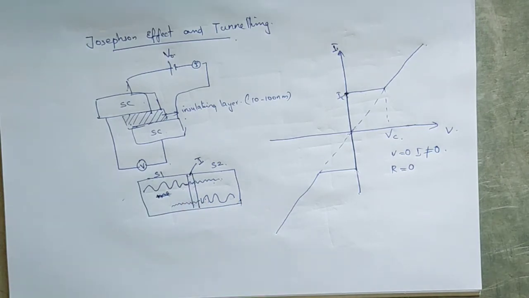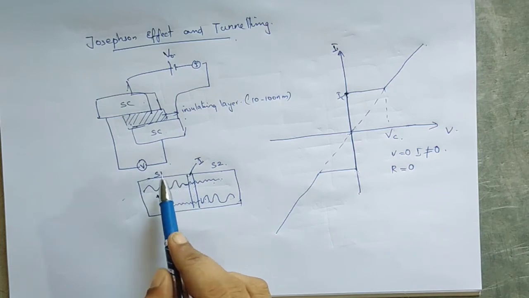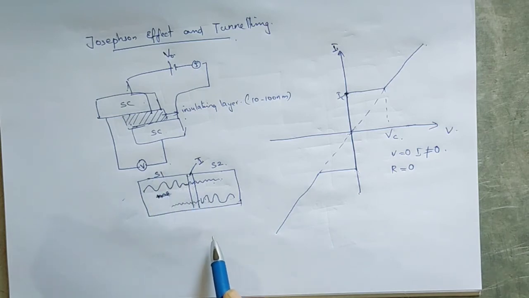So obviously there is an interference. There is an interference of the current that is flowing across the junction, or we can say the Cooper pairs are tunneling across the junction.